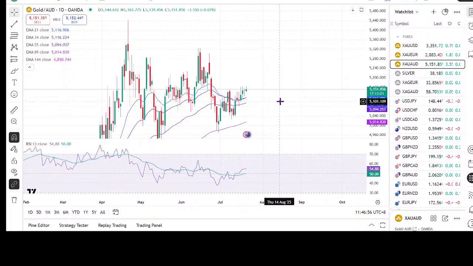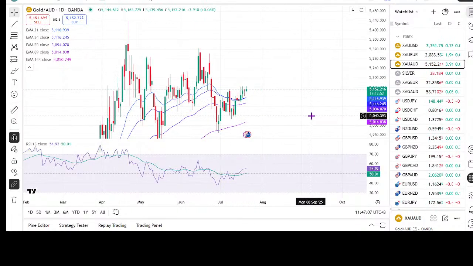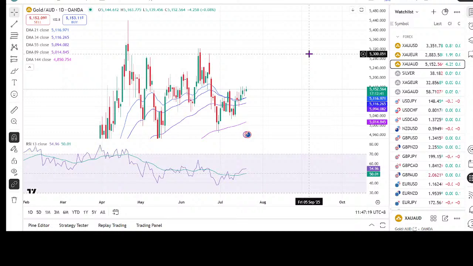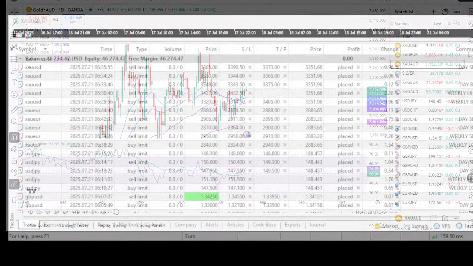So let's go for a day. Sorry, this is a weekly buy, right? Okay, weekly buy. This is a day chart. So I think we will go for 5080 as a weekly buy. Then for the weekly sell, we will try to go for 5302 or 05. Okay, so let's key in this order.